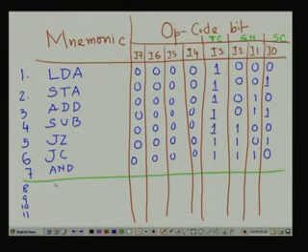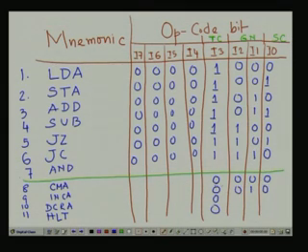The remaining 4 instructions were complement of register A, increment, decrement and halt. These are non-memory reference. So, non-memory reference means I3 becomes 0. So, for these 4 I can put 0, and similarly I can give the other values for I2, I1, I0. These are 0 0 0, then 0 1 0, then decrement is 1 0 0 and halt is 1 1 0, and the remaining all values are 0.